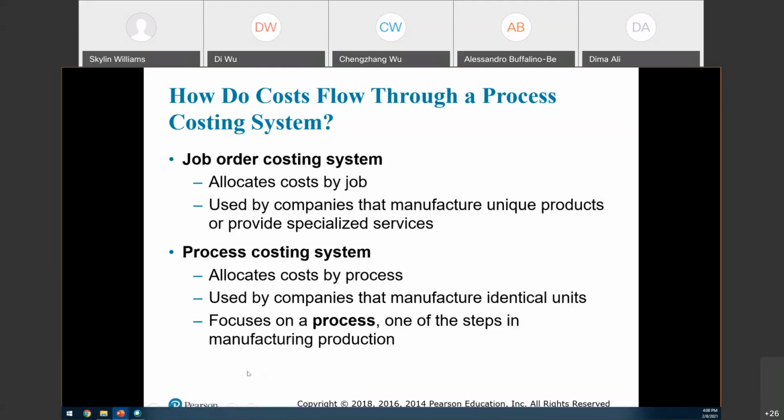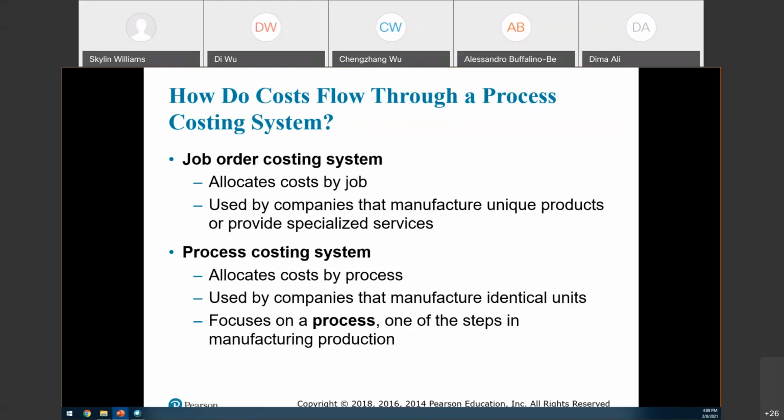The primary differences between job order costing and process costing are how and when costs are recorded in WIP inventory, work in process inventory. Job order costing has one WIP inventory account with a subsidiary ledger containing individual job costs recorded for each job.